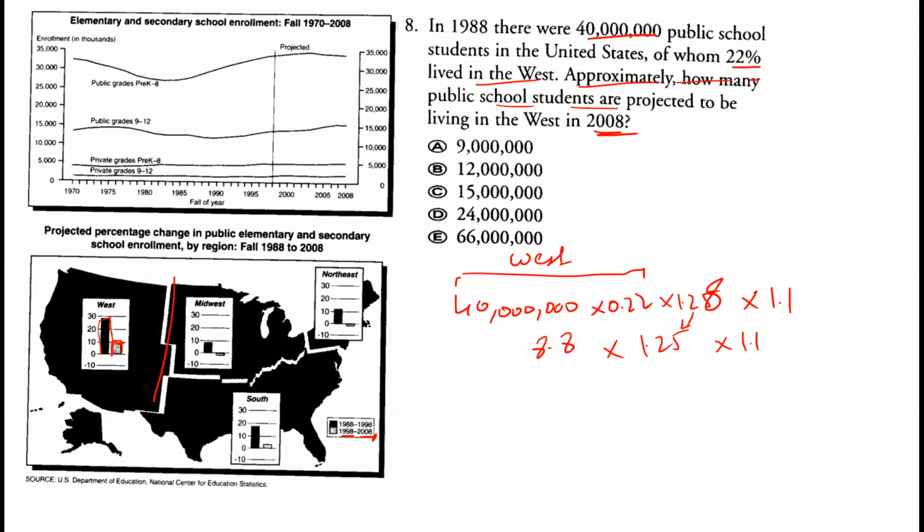So 8.8 into 1.25: 1/4 of 8.8 would be 2.2. So 8.8 plus 2.2 equals 11. And 11 into 1.1: 11 11s are 121, so this would be 12.1. So option B is correct.